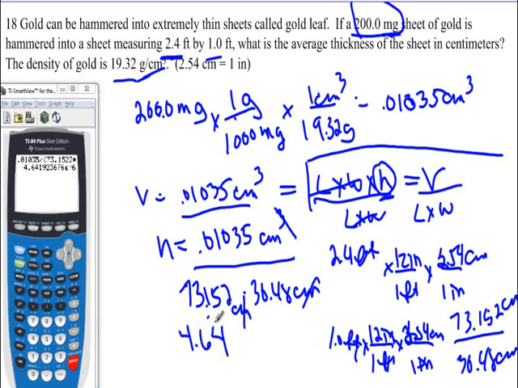Now this has an exponent here. You've got to be really careful. This e minus 6 means times 10 to the minus 6 centimeters. So really tiny thickness here of the gold sheet.